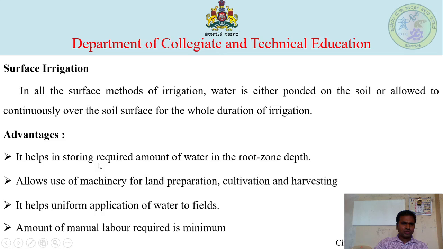It helps in storing the required amount of water in the root zone depth, allows use of machinery for land preparation, cultivation and harvesting. It helps in uniform application of water to fields. The amount of manual labor required is minimum.